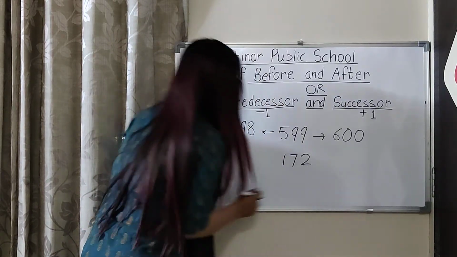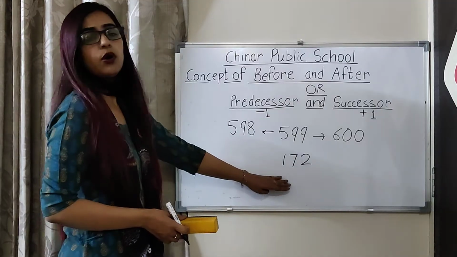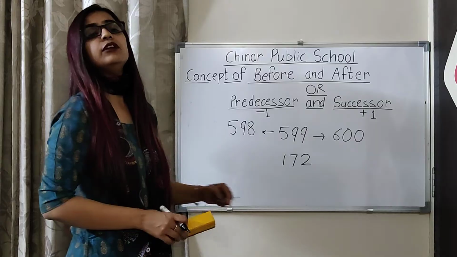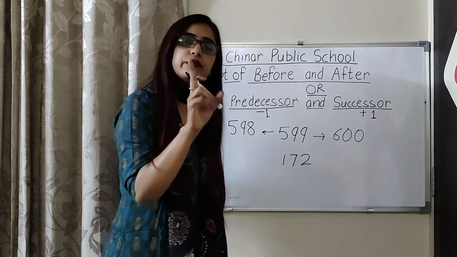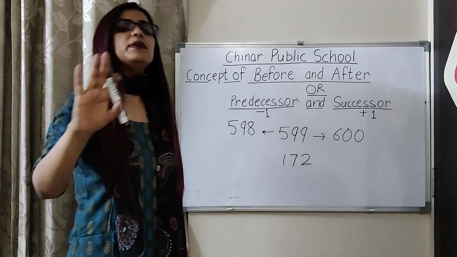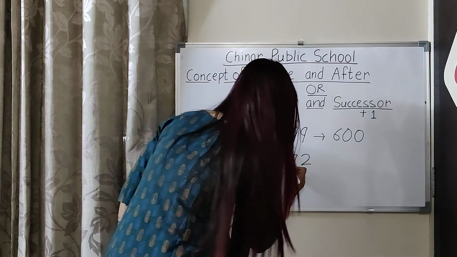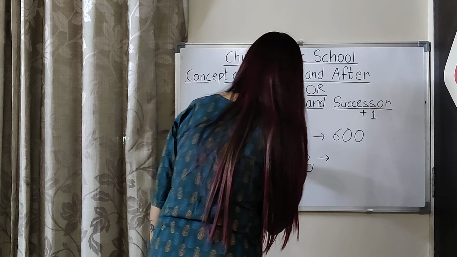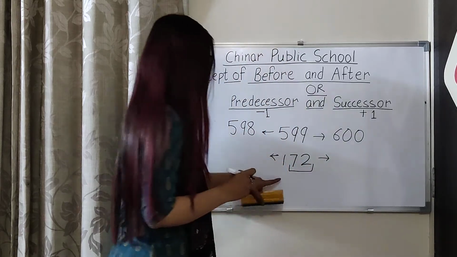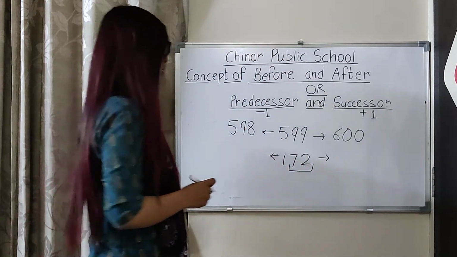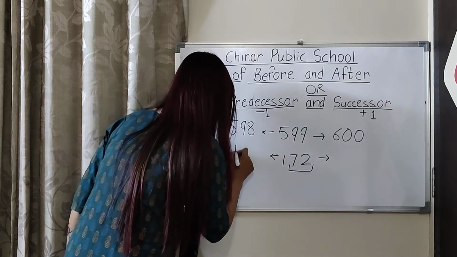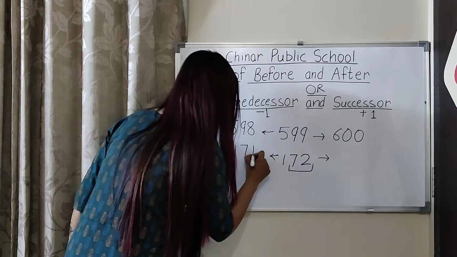Like if I have to write down the before and after of this number, 172. 100 place का जो number है ना, वो बिल्कुल भी change नहीं होगा. You only have to look at these two numbers. What comes before 72? It's 71. So it will be 171.